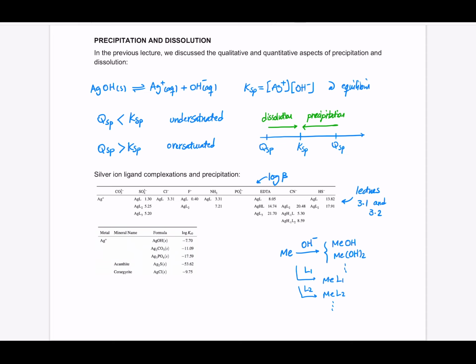In the previous lecture and also in this lecture, we're going to highlight the potential precipitation with some of the complexes, some of the ligands. So this would be what we covered in lecture 3.3 and 3.4.